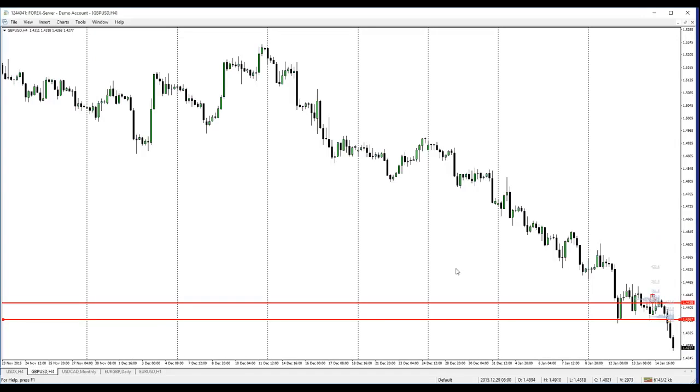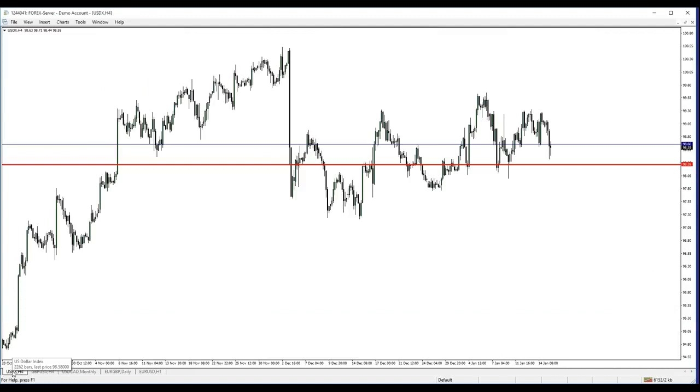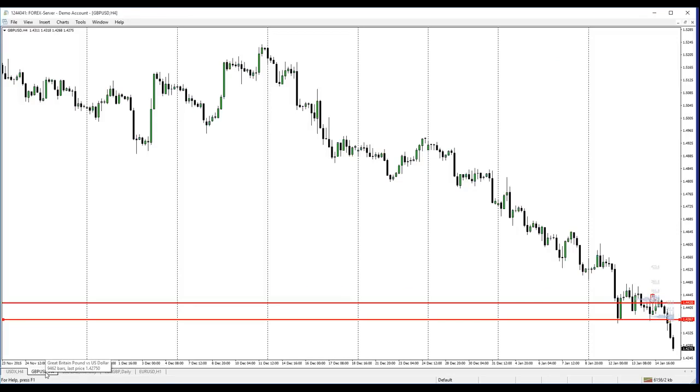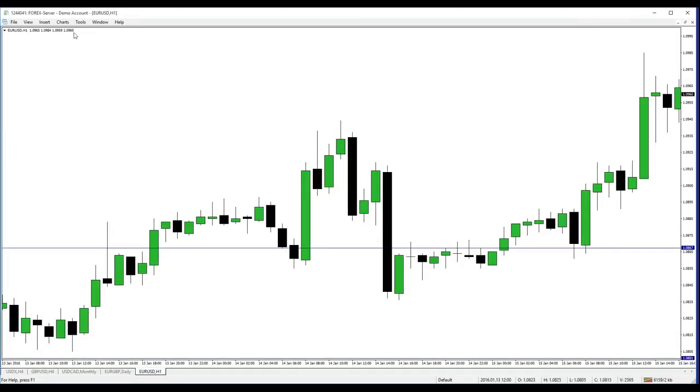It's got a lot more freedom to move lower in a trending environment, whereas the dollar is in a holding pattern and still stuck in its range. See that? We're going sideways, while the cable has freedom to go lower in a trending move. Now, for the euro, let's go over to a 4-hour chart.